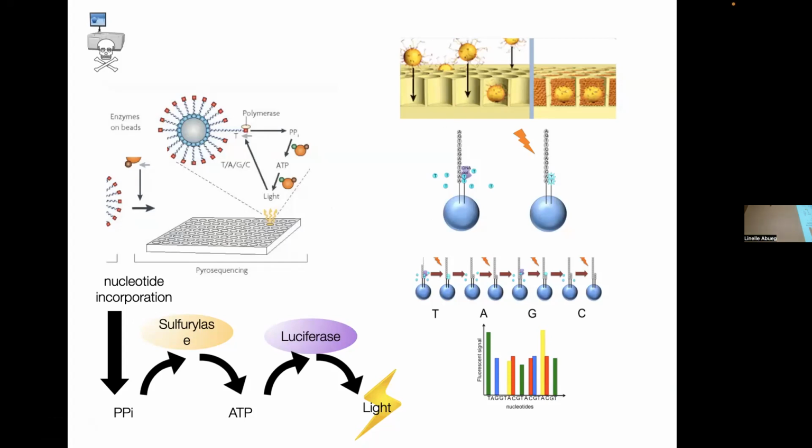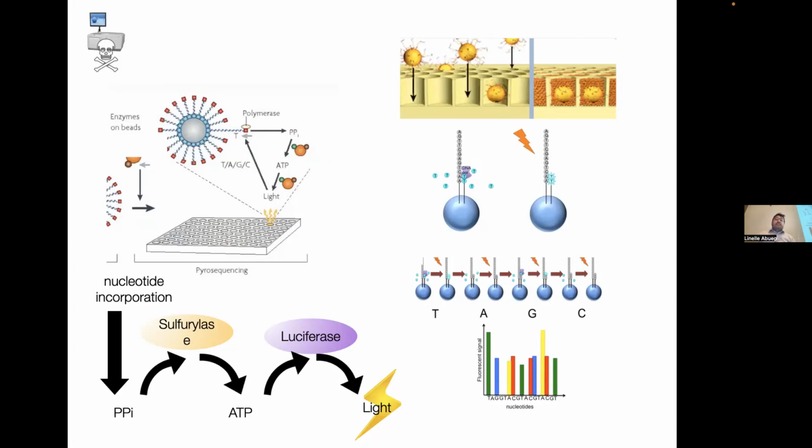There are many wells in that, and you throw some A nucleotides. And every time the A is incorporated in the sequence, the well is going to flash with the luciferase. You wash it, you put some C's. Every time it's incorporated, it's flashing. So you know exactly the order of each of them.